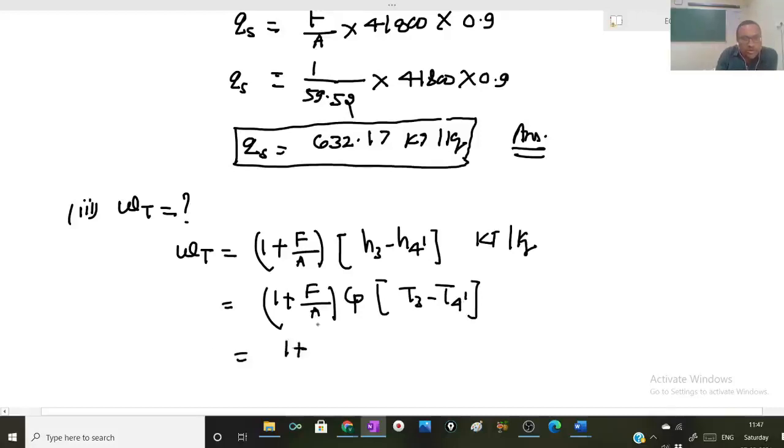Put all the values. Fuel air ratio is 1 over 59.52.